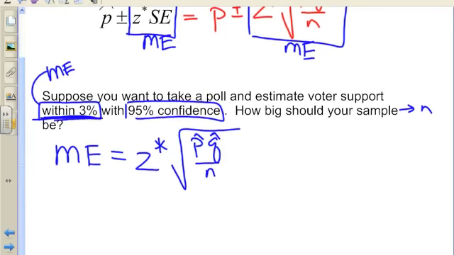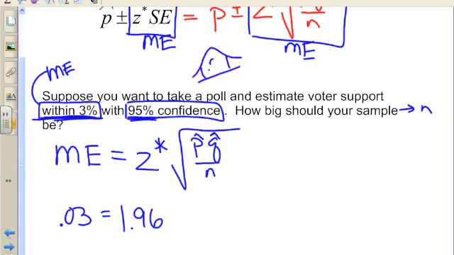I want the margin of error to be only 3%, so that's 0.03. Let's see, z star for a 95% confidence is 1.96. I actually have this one memorized because it's used so often, but you can always go back and do your little sketch and calculate your z star. And then in this one, n is what I'm solving for. It's a sample size, so I'm going to leave that as a variable.